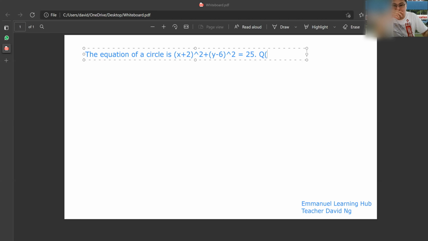Because I have the equation of the circle, any point also can. Point Q, 4, 8 is a point on the circle.